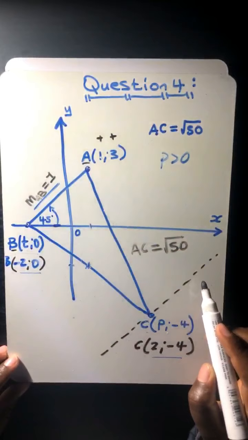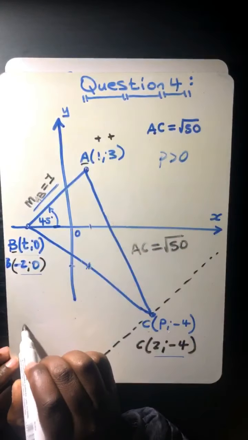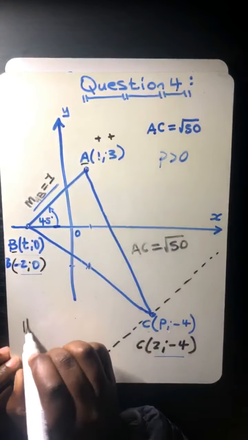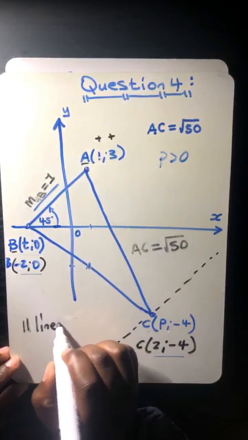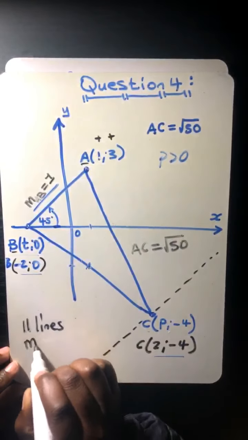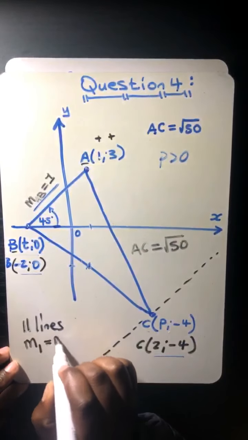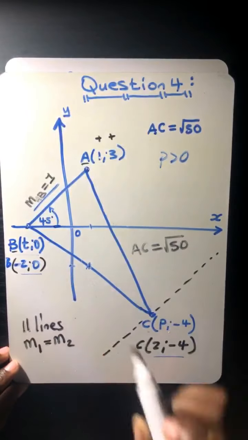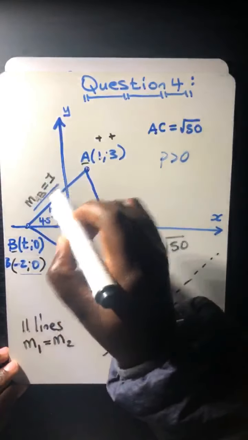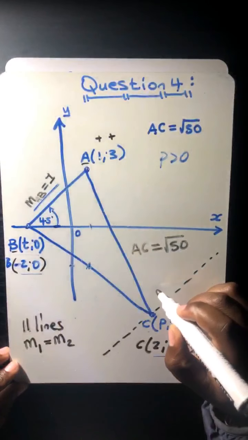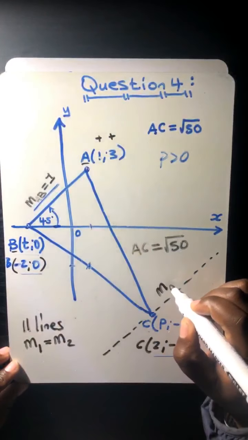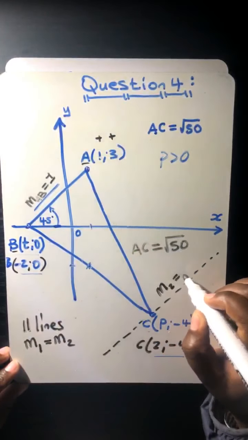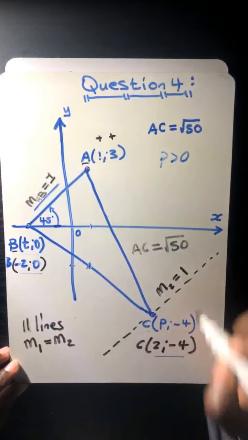So we know very well that for parallel lines, if you remember, guys, the gradient of line 1 equals the gradient of line 2. So we know the gradient of AB is equal to 1. That means the gradient of this line is also equal to 1.